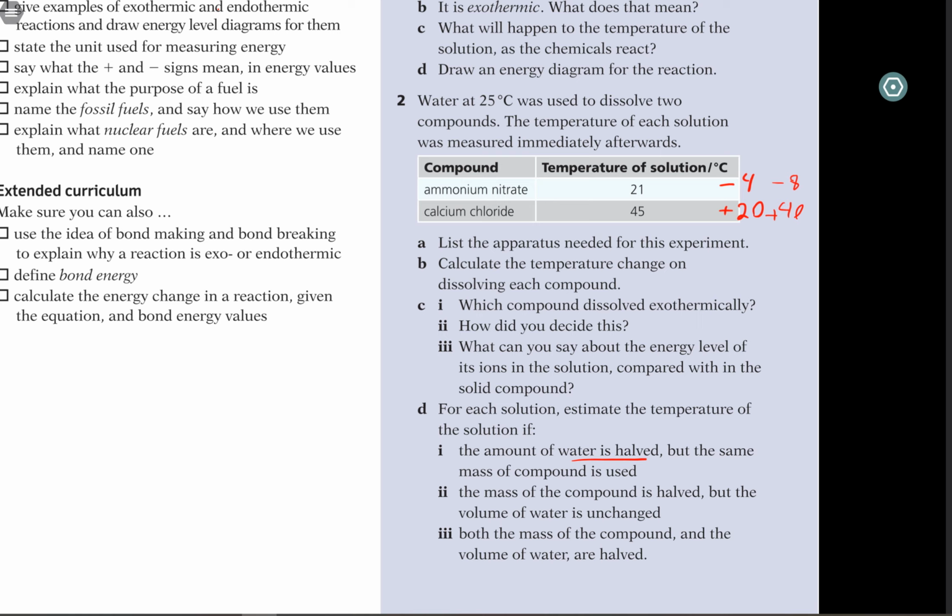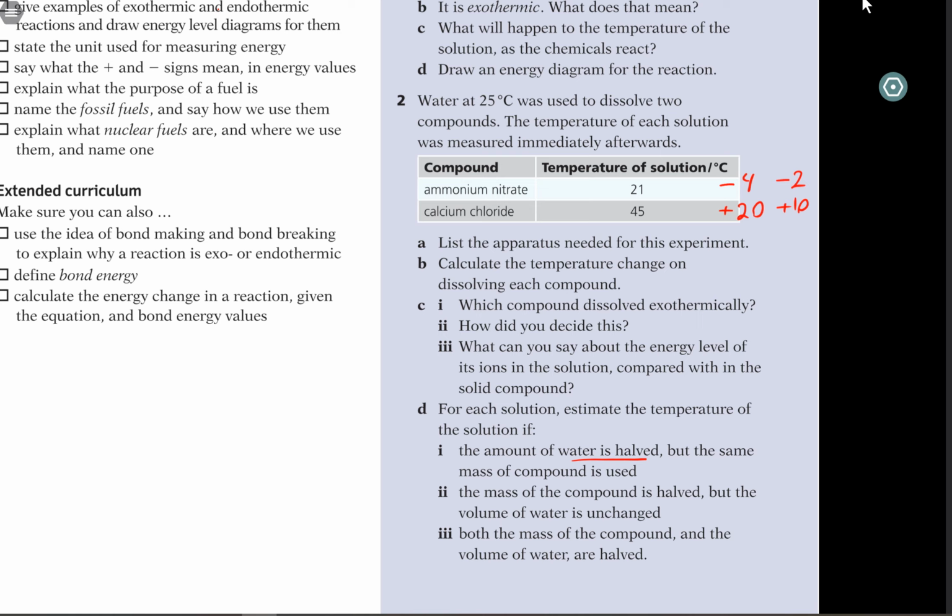So if you cut the mass of the compound without changing the volume of the water, the temperature change also cuts in half. In this case, the temperature for ammonium nitrate drops by only 2 degrees centigrade, and the temperature for calcium chloride increases by only 10 degrees centigrade, because you are adding half of the original amount to the water.